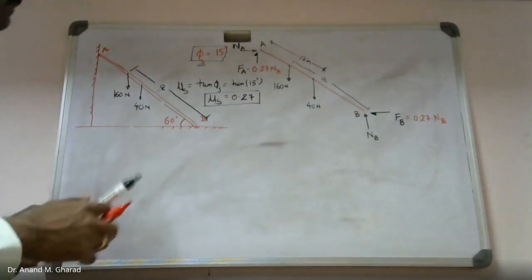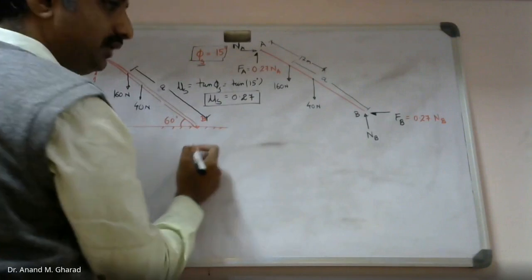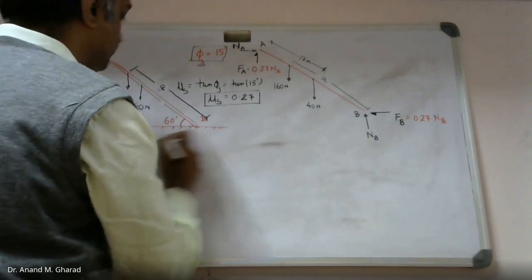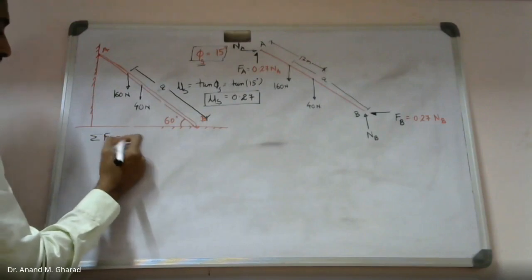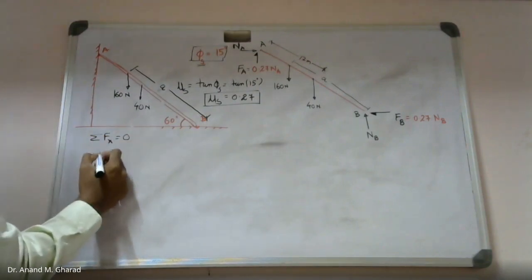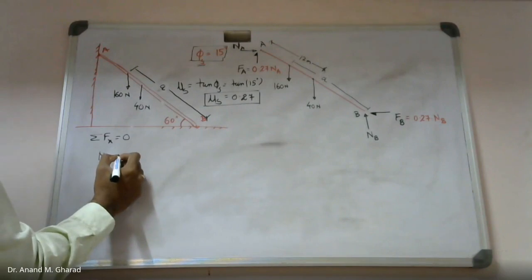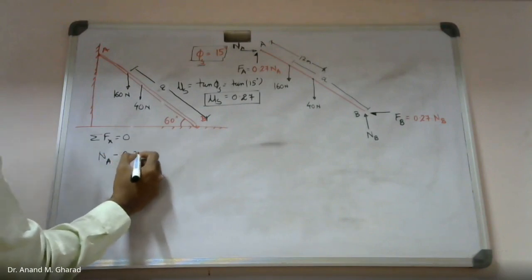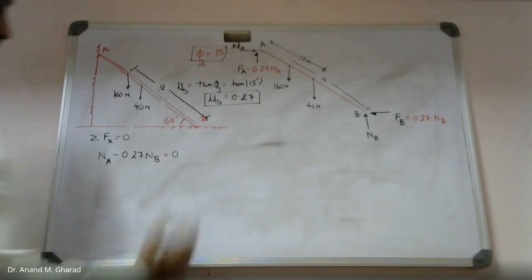Okay? So what you do? Apply equations of equilibrium. Summation of force in x direction equal to 0. How many forces do you observe over here? NA, then minus 0.27 times NB equal to 0.